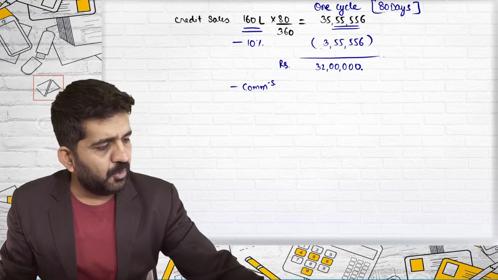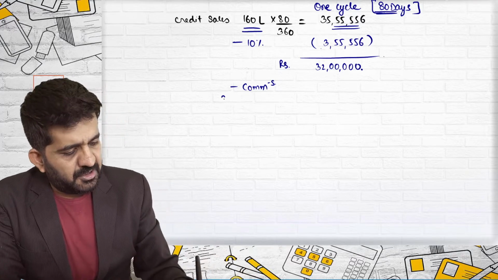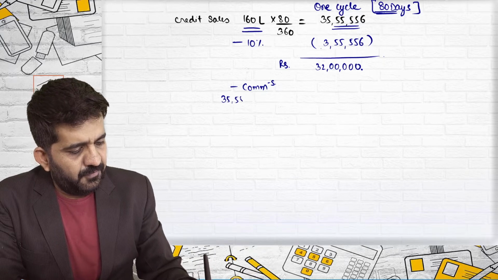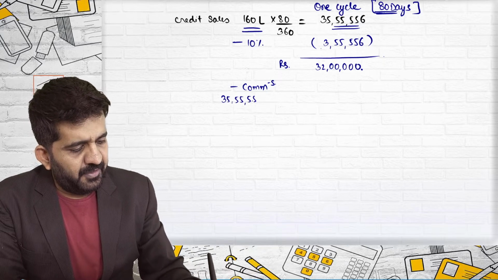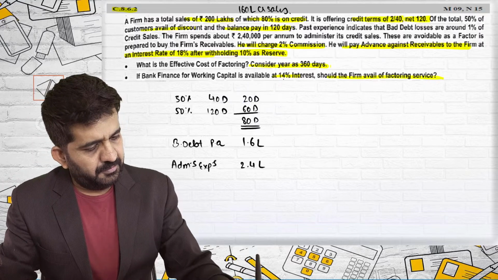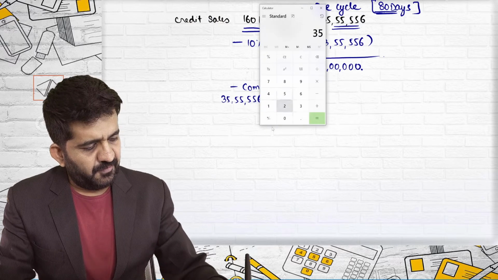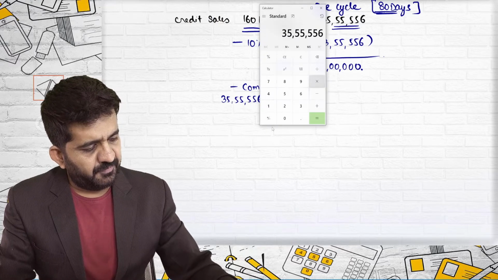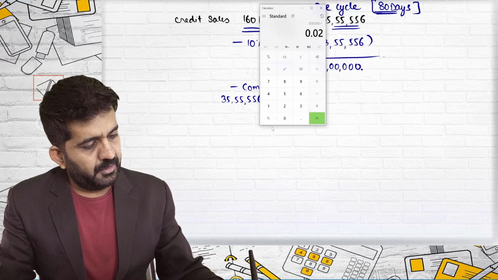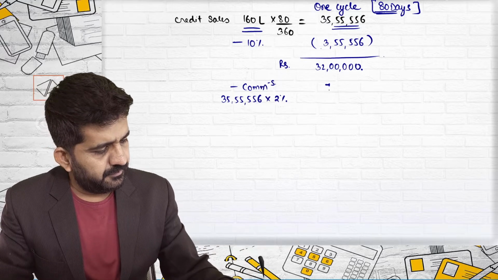Right now I am talking only about 80 days. In 80 days, what commission he will be charging is 35 lakh 55,556 multiplied by the commission rate of 2%, which is 71,111.